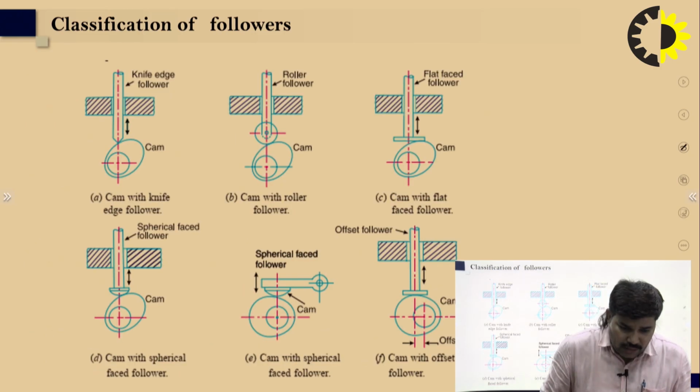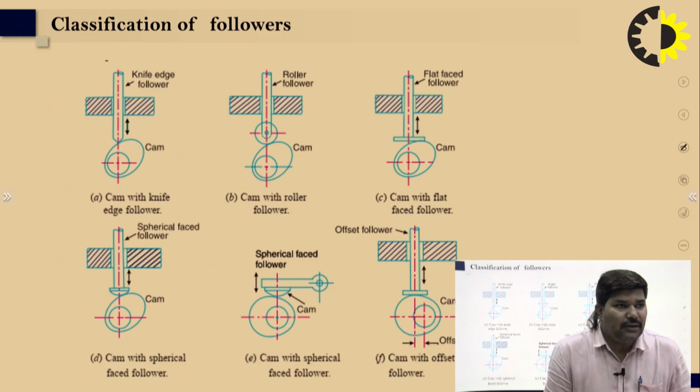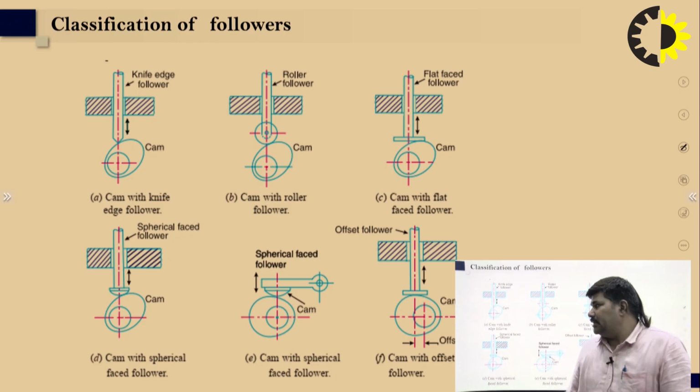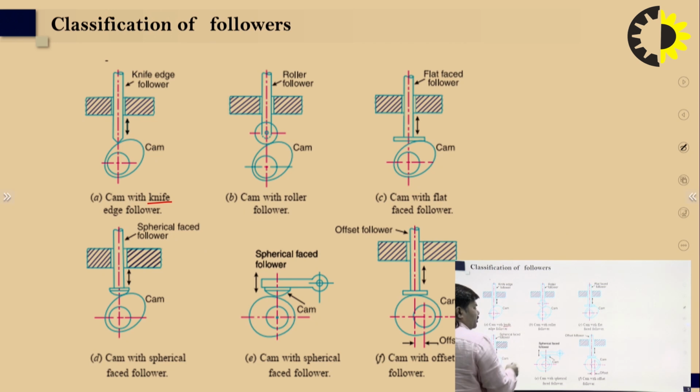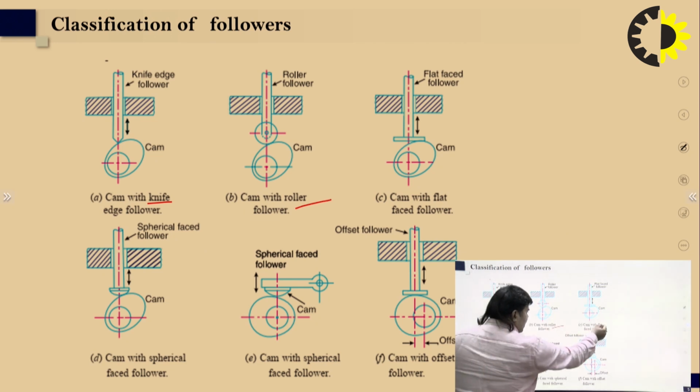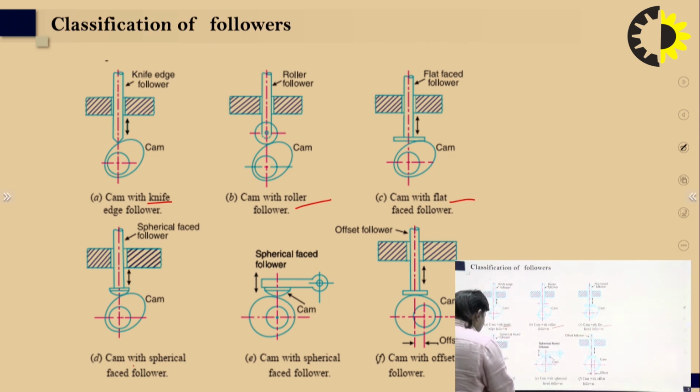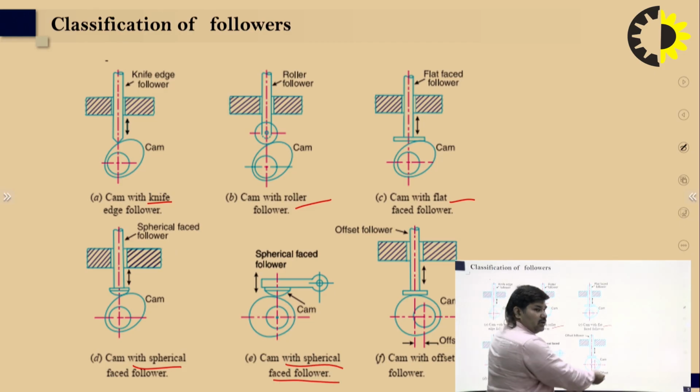You can see in this figure different types of followers. One is the cam with the knife edge follower, cam with the roller follower, cam with the flat face follower, cam with the spherical shape, cam with the spherical shape with the flat face follower, and one is the offset follower.